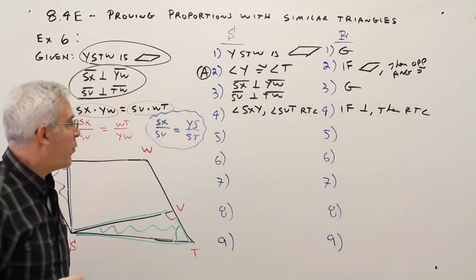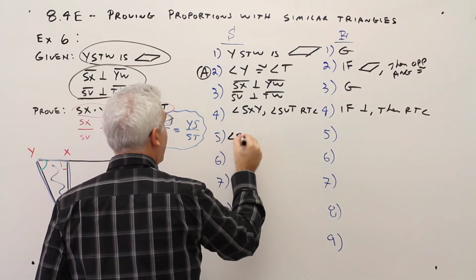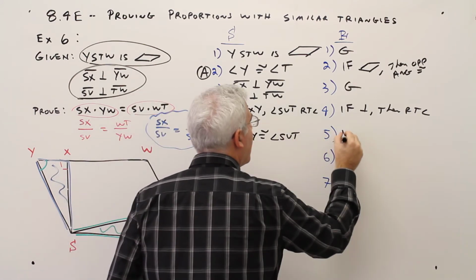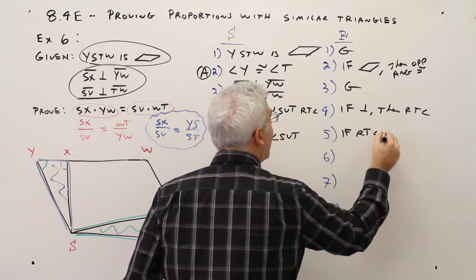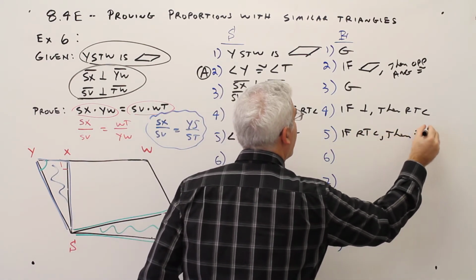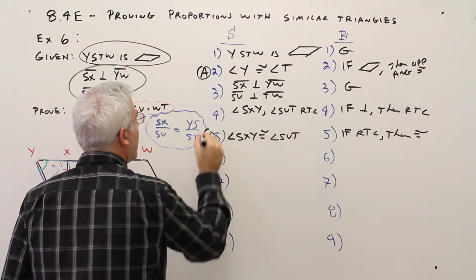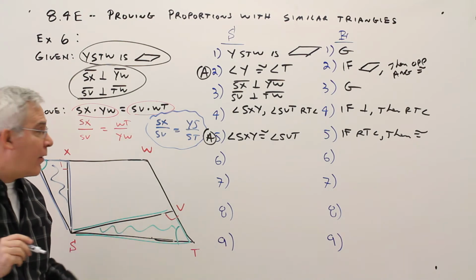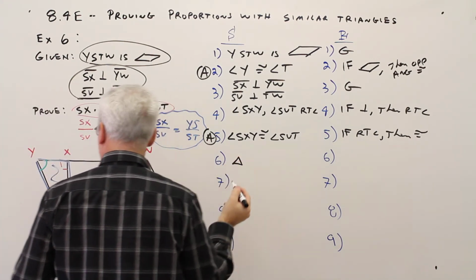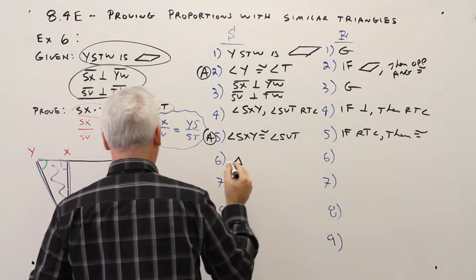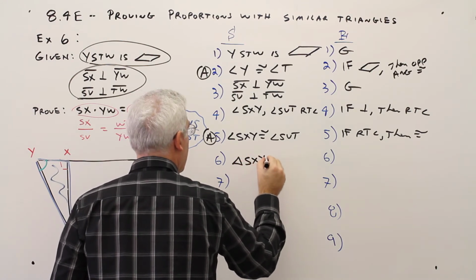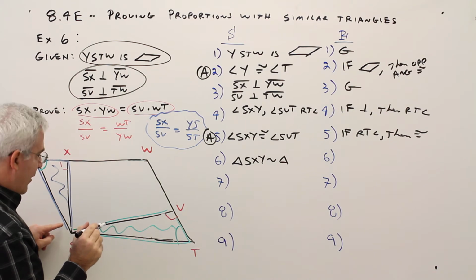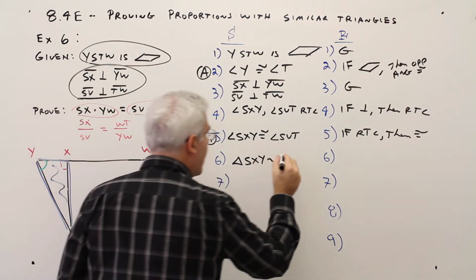And then the right angles will be congruent. Angle SXY congruent to angle SVT. If right angles, then congruent. I now have my two angle pairs, so I've got the triangles similar. Triangle SXY is similar to triangle SVT.